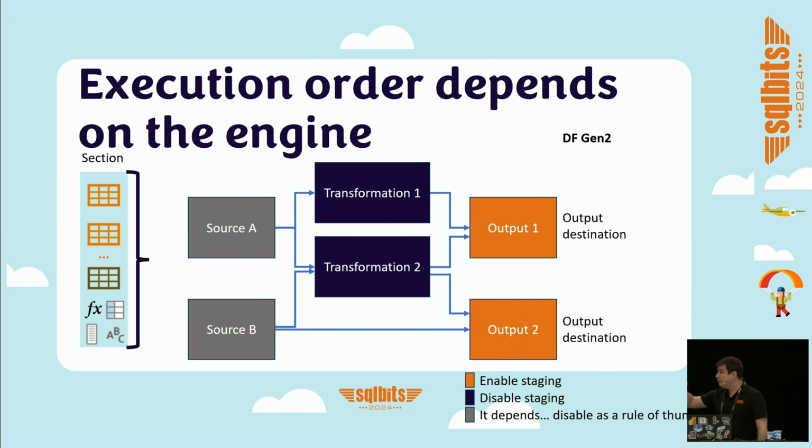But as a default, disable staging for everyone. I think this slide is incorrect. Disable staging for this, and only set the output destination. I need to correct it, but that's the default. But if you have some huge data, like millions, tens of millions of rows, with pretty expensive operations such as a merge, you might have a performance benefit if you stage some of those source queries, okay?